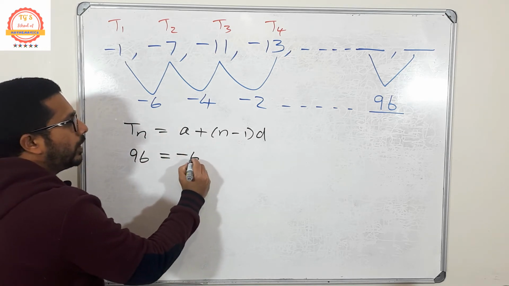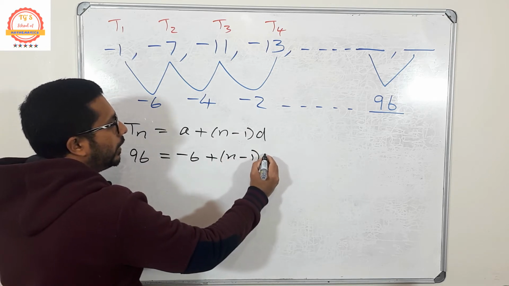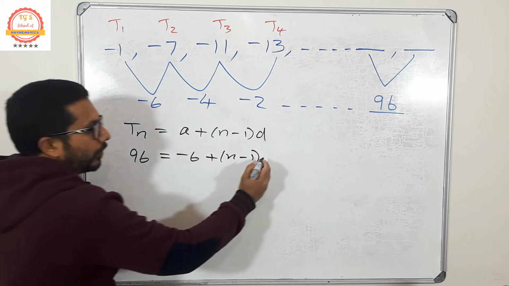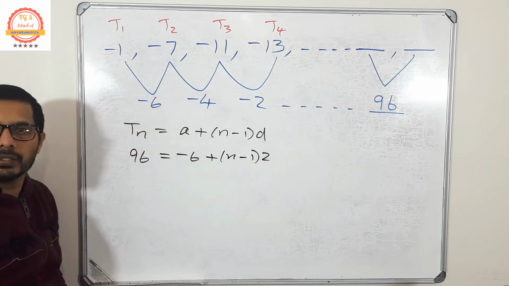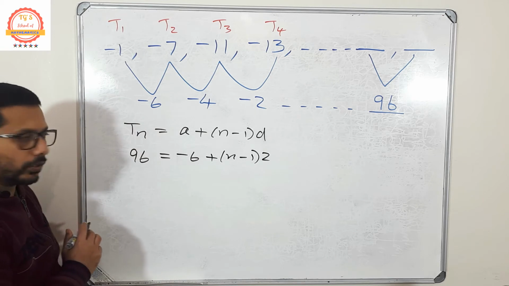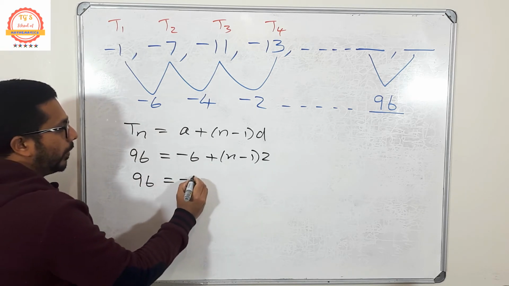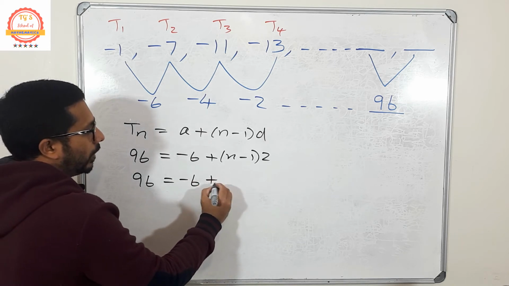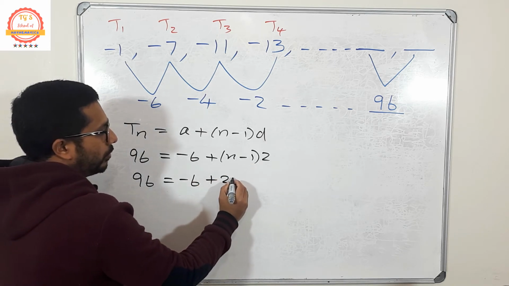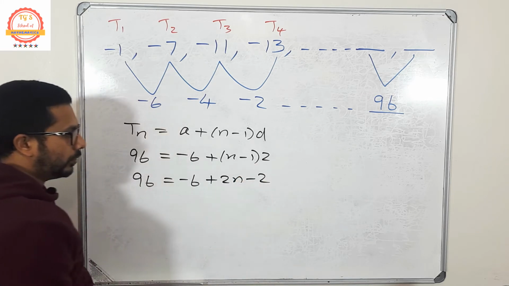So it is minus 6 plus n minus 1 into d. In this one we already found the common difference, it is 2. So from here we can find the value of n. How can we find it? 96 is equal to minus 6 plus 2 into n is 2n, 2 times minus 1 is minus 2.